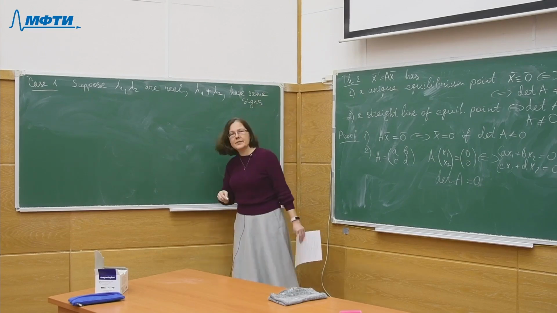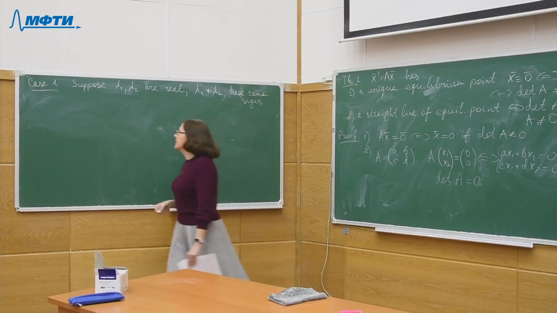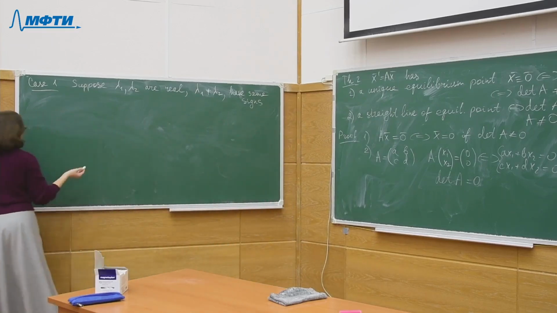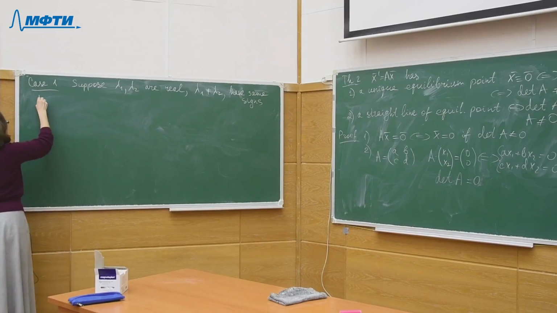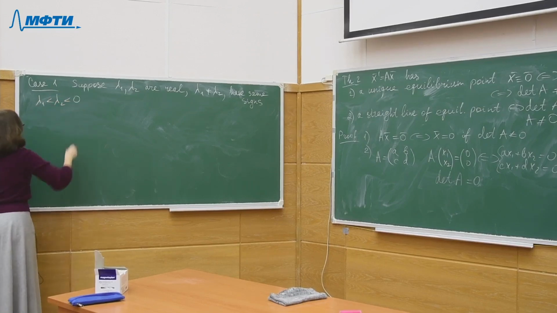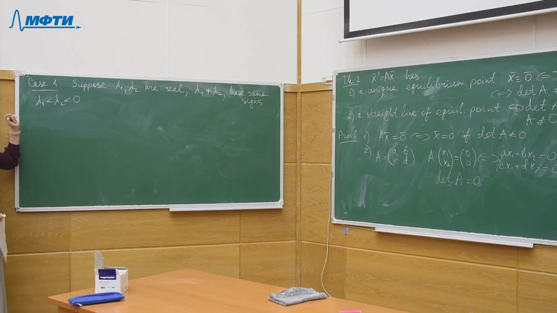We will start with the case when lambda 1 and lambda 2 are both negative, and satisfy this inequality: lambda 1 is less than lambda 2, less than 0.